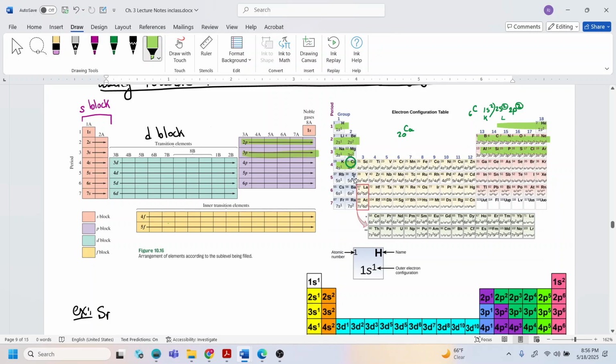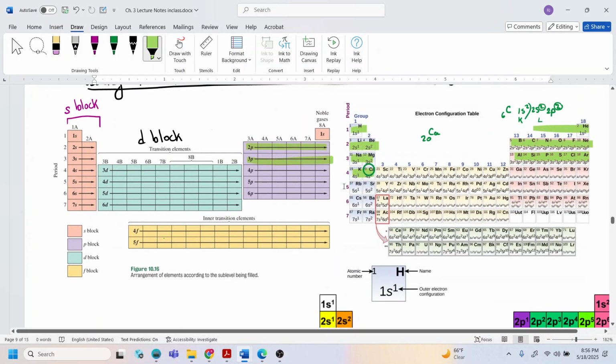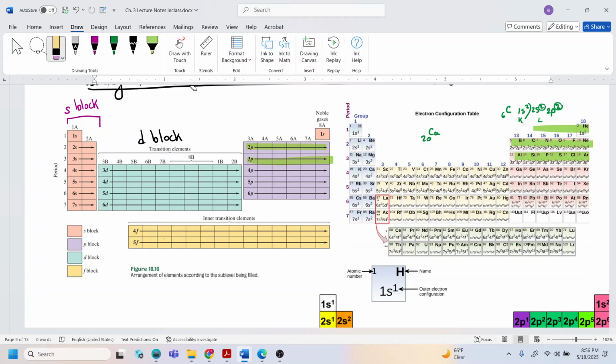Let's say we want to read the electronic configuration of Sr. Sr has an atomic number of 38. We can read it from the periodic table, and then we're going to write it down. So Sr starts with 1s2, 2s2, 2p6, 3s2, 3p6, 4s2.